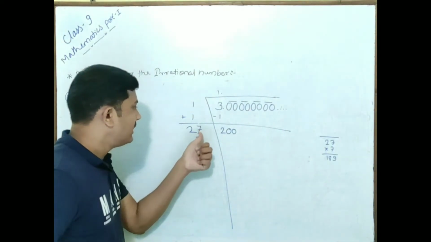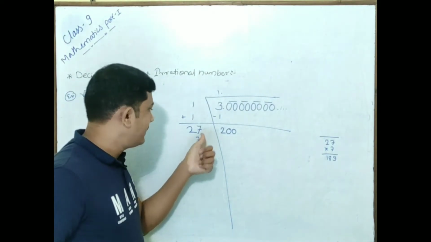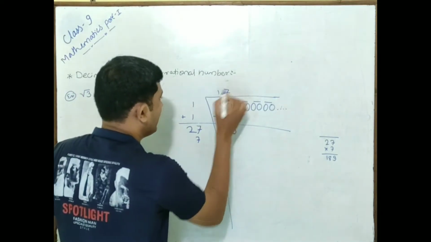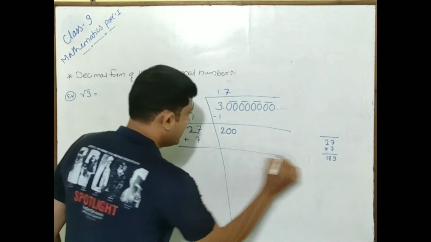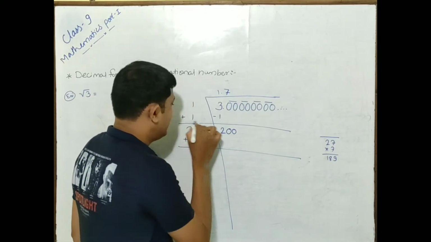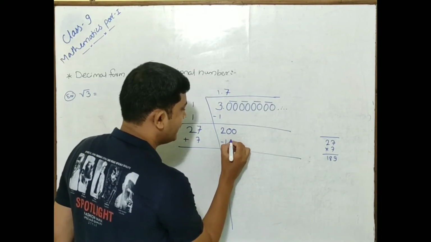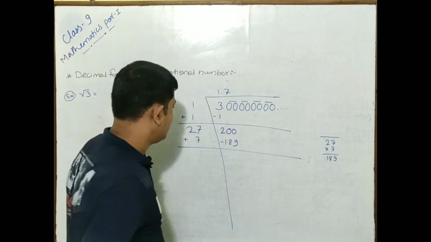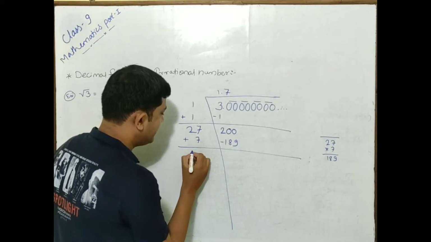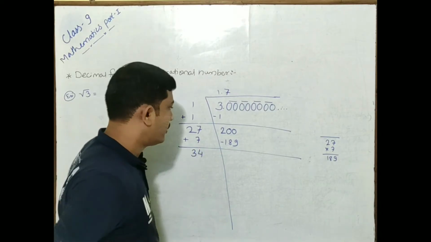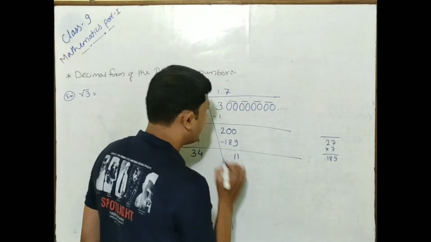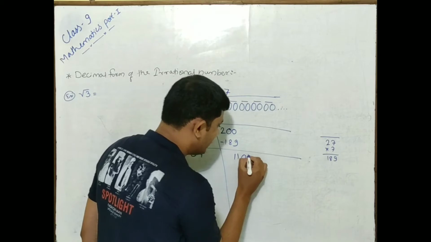Again 7 we have to write at the 3 places, 7, 7 and 7. Here it should be addition, and here 27 into 7, that product should be subtracted from 200, that is 189. Here the addition is 34, and the remainder is 11. Take again 2 zeros.